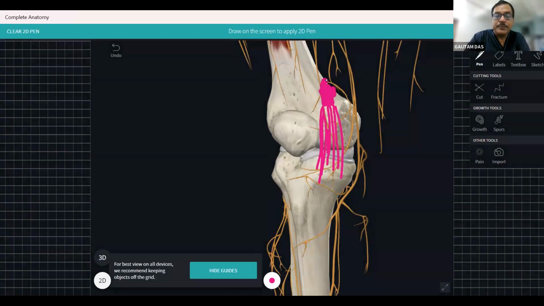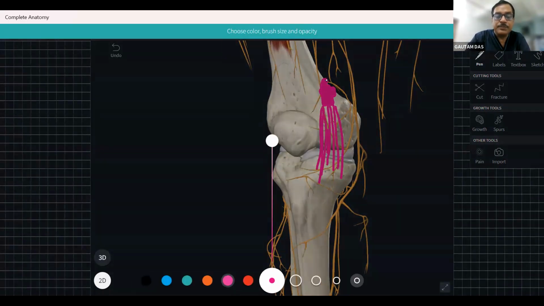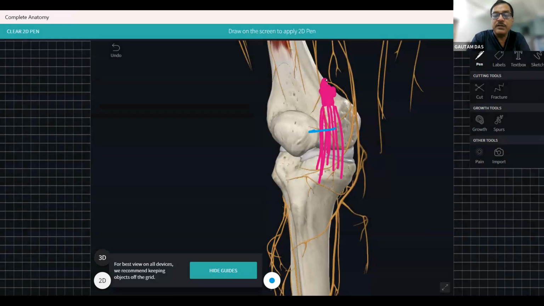Below that layer, there is another layer, which I'm putting in a different color: the medial patellofemoral ligament. There is also one on the lateral side, known as the lateral patellofemoral ligament, which is the deeper layer. On the medial side, this patellofemoral ligament continues and mixes with the superficial layer of the medial collateral ligament, which extends up to the pes anserinus tendons.